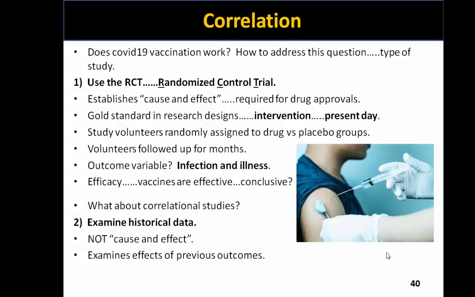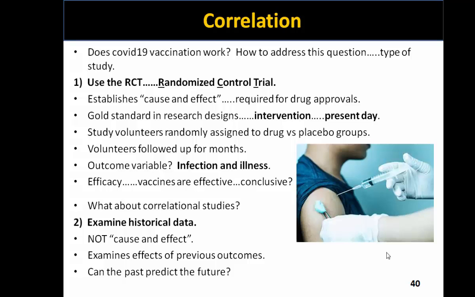And so this type of approach would examine previous outcomes, whereas the RCT is examining present day and future outcomes by following patients, or volunteers rather, so following research participants moving forward. But with number two here, with the correlational approach, can the data collected from the past predict the future?